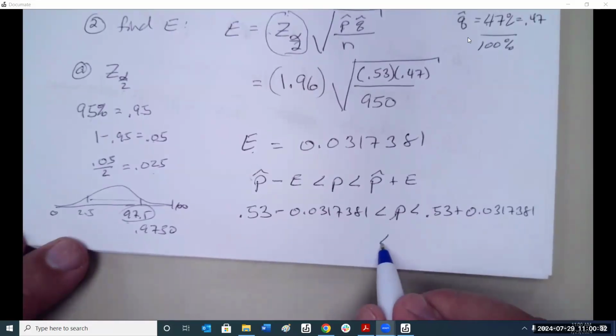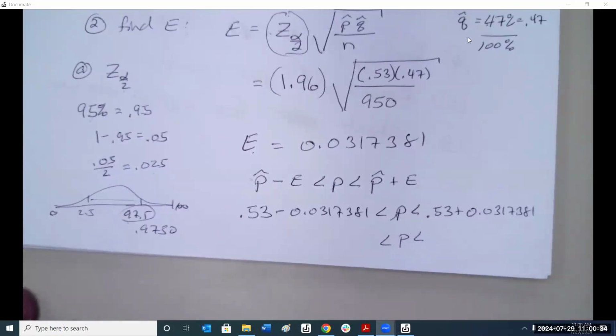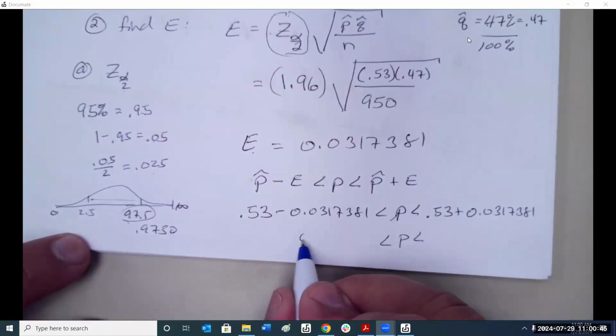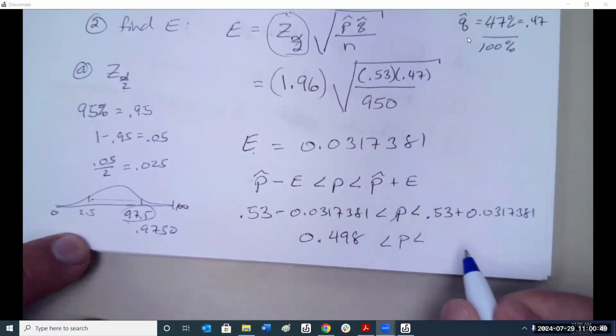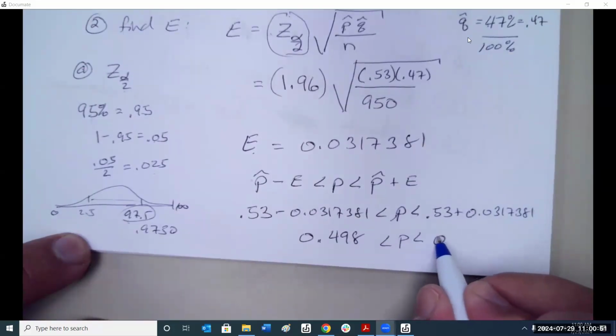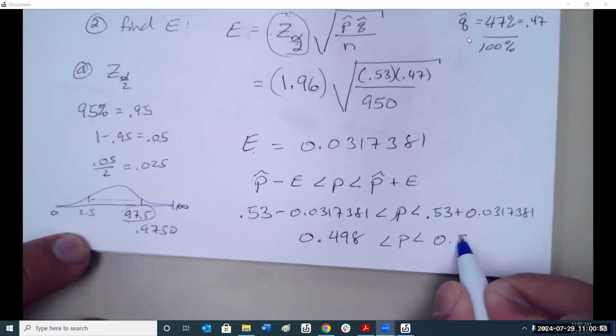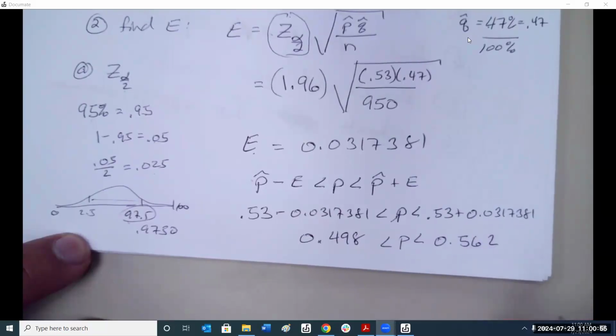And now at this last step, that's where we rounded to 3 decimal places. So 0.53 minus 0.03173 will give us a solution set of 0.498, and to add the other side is 0.62.